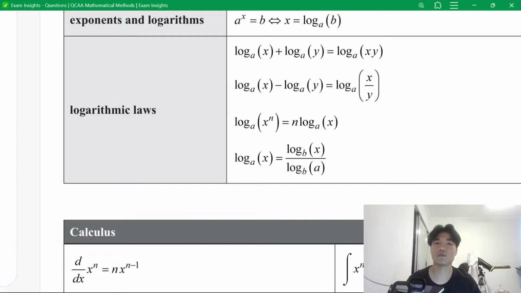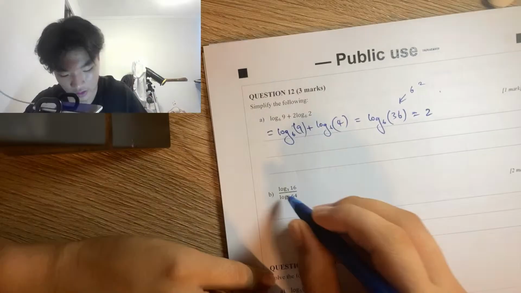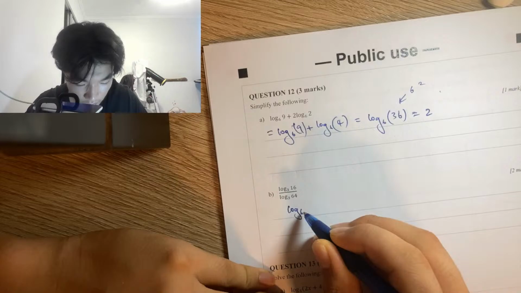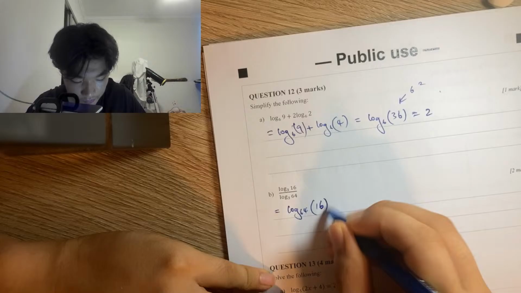So the one in the brackets in the denominator becomes the base. That's something to be wary of. So this becomes the base. So log base 64 of 16.